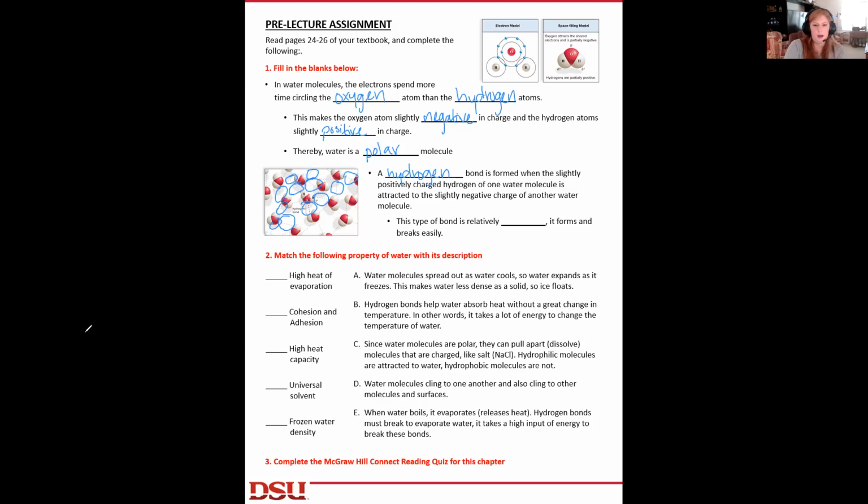All right, this type of bond is relatively weak. It forms and breaks easily. And remember that when we use the terms strong or weak for bonds, we are talking in relative terms. Weak when compared to a covalent or an ionic bond.